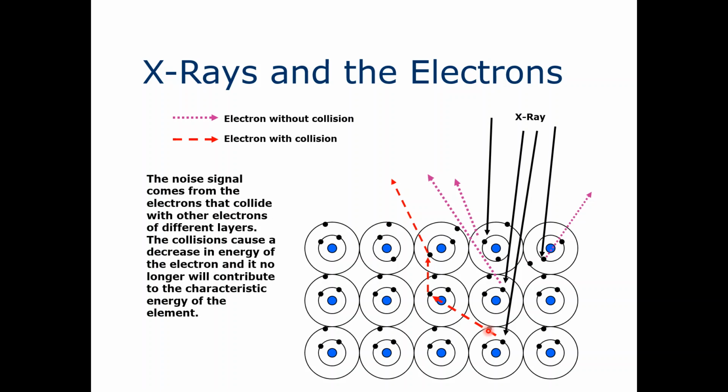The noise signals come from the electrons that collide with other electrons from the different layers. The collision causes a decrease in the energy of the electron, and it will no longer contribute to the characteristic energy of the element.